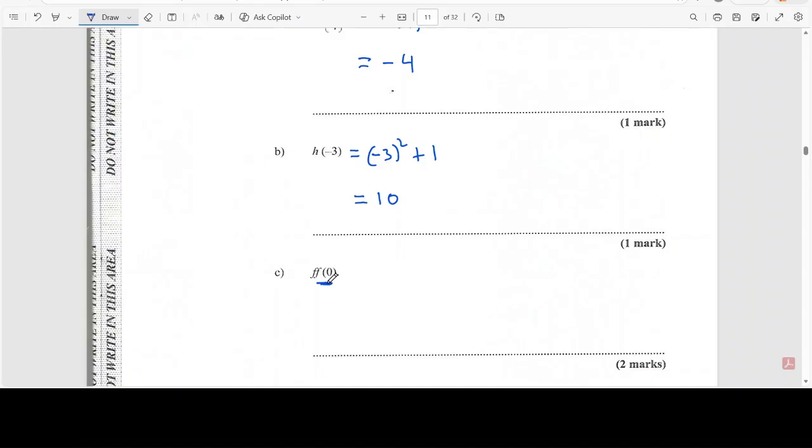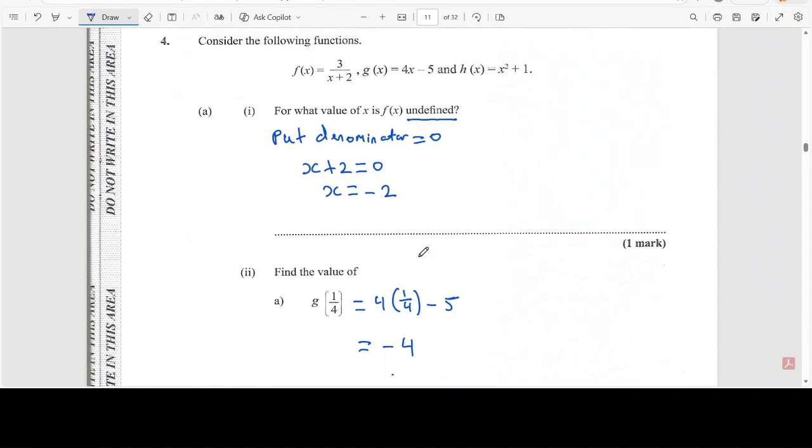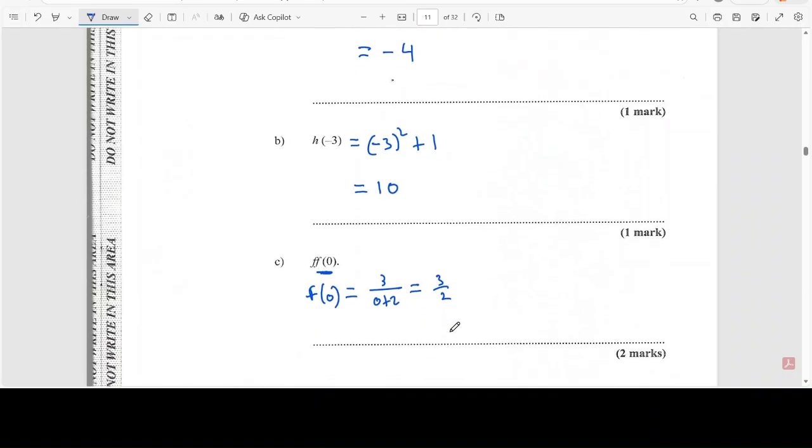So this is what we need to work first, right? So we need to find f of 0. What's the f function? 3 over x plus 2, so that would be 3 over 0 plus 2, which is 3 over 2, or 1.5, whatever I want to do.